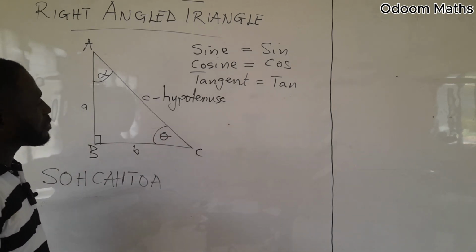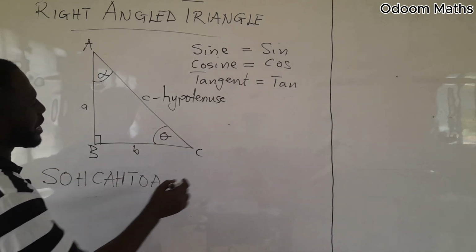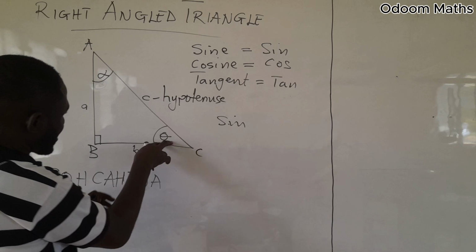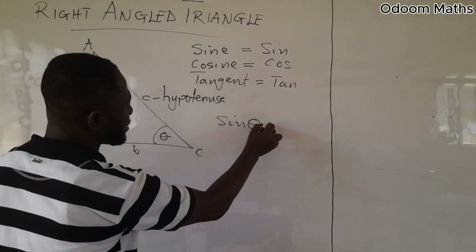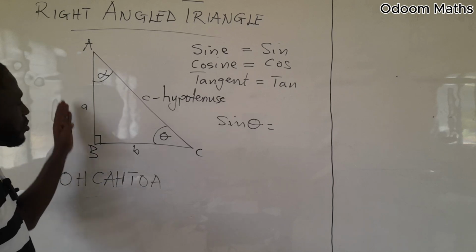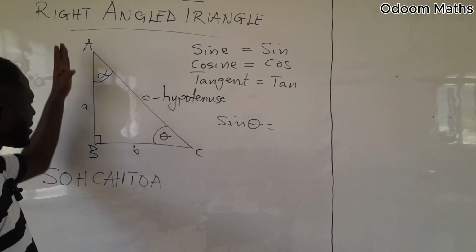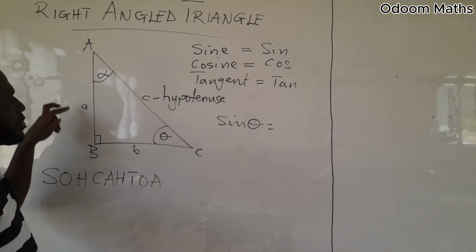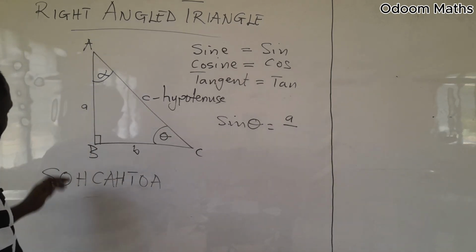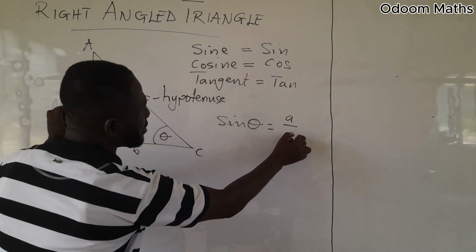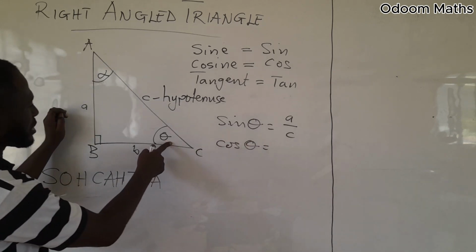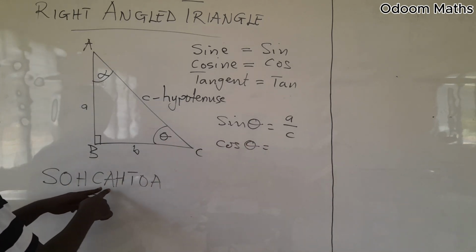Now let's look at this right-angled triangle. Let me write it here. Sine theta is equal to opposite over hypotenuse. This angle theta faces side A, or side AB, so that is A over hypotenuse C. Then cos theta is adjacent over hypotenuse.